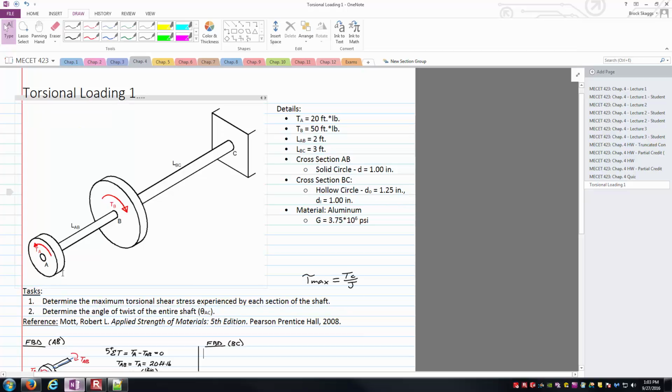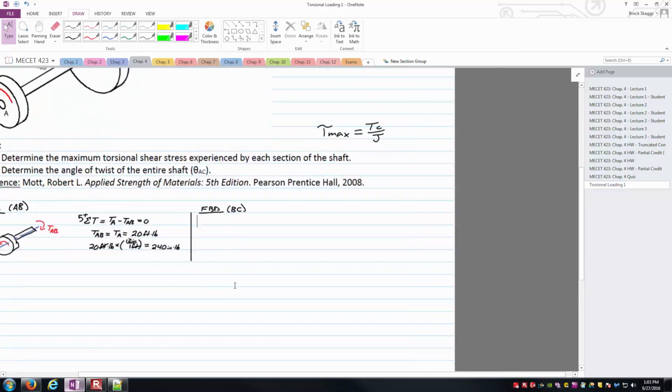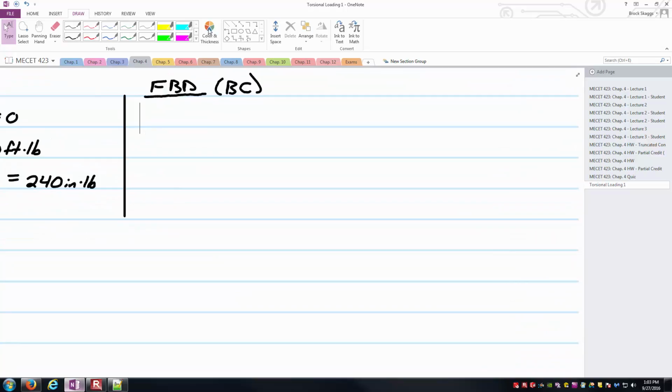And so this free body diagram is going to include the torque at A, include the torque at B, and then we're going to have some unknown value at this point for the torque carried by section BC. And so now we need to, of course, draw our free body diagram. So I'll get my pen going again.